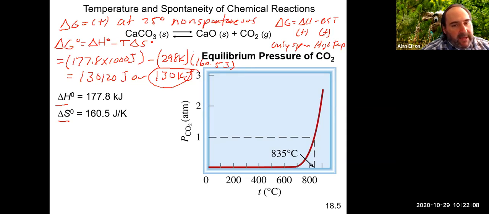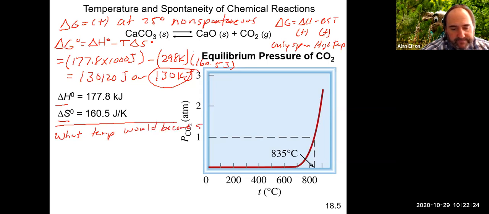Can we figure out at what temperature it actually will become spontaneous? We actually can. If we wanted to figure out what temperature this reaction would become spontaneous, we could use our same formula here.